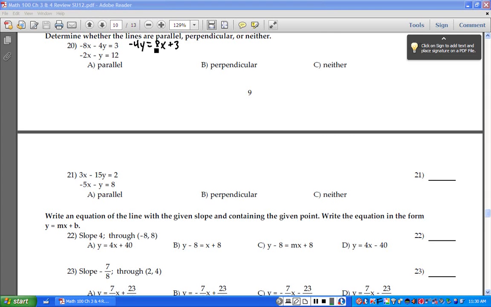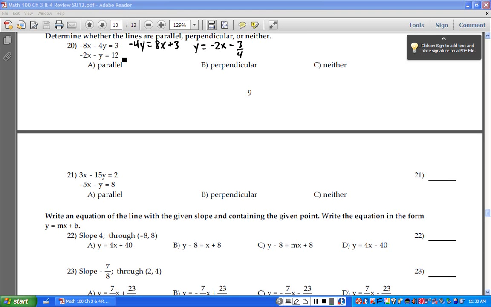Then we divide everything by -4, and we would get y equals -2x minus 3/4.